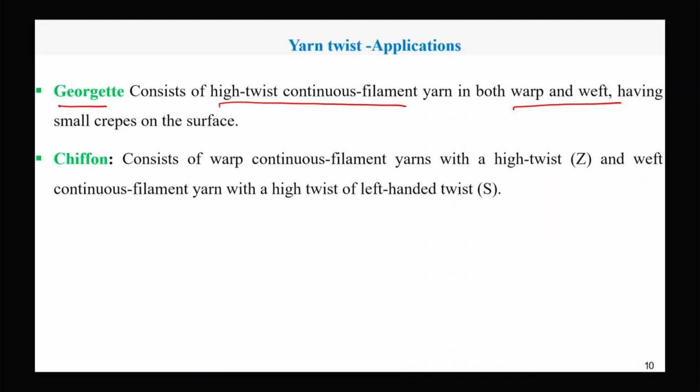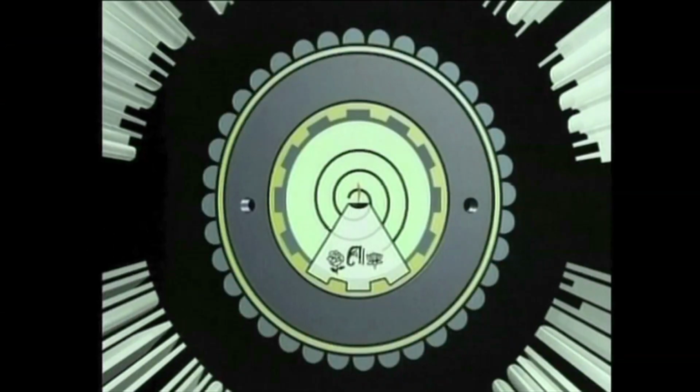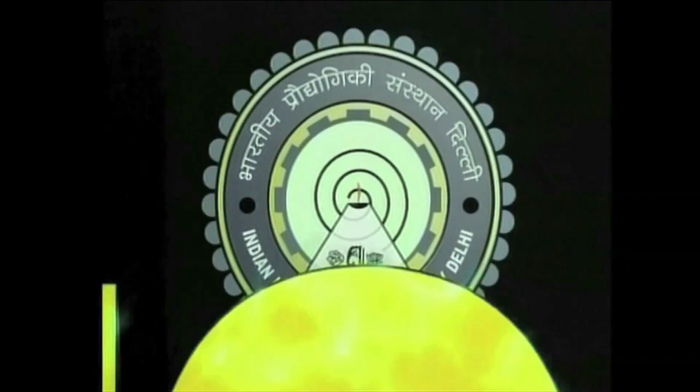Crepe chiffon is another example: continuous filament yarn with high twist, Z twist in warp and left-handed S direction twist in weft. So Z twist in warp, S twist in weft. Twist shadow effect, that I have already mentioned.